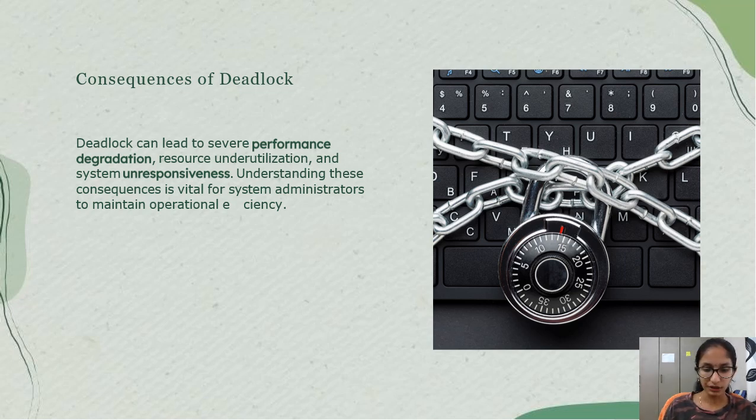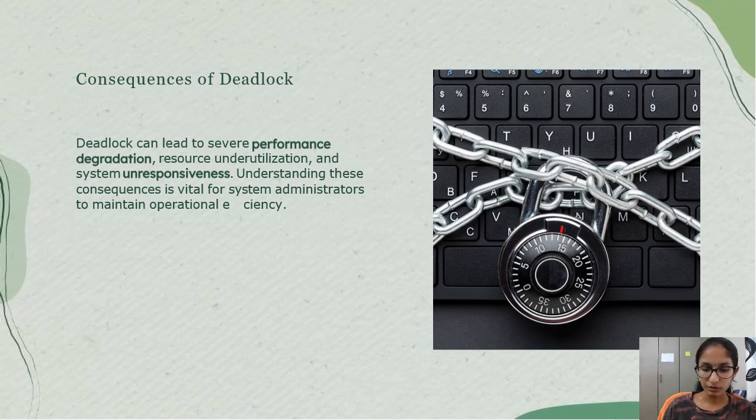System halt or freeze. When processes are deadlocked, they cannot proceed, which causes the system to stop responding or freeze. If critical processes are involved, the system may need a reboot to recover. Resource wastage, where the resources held by the deadlocked processes remain unavailable even though they are not being used effectively.